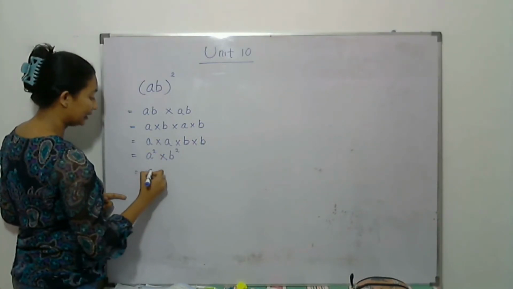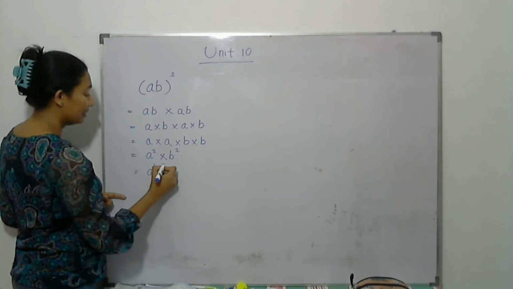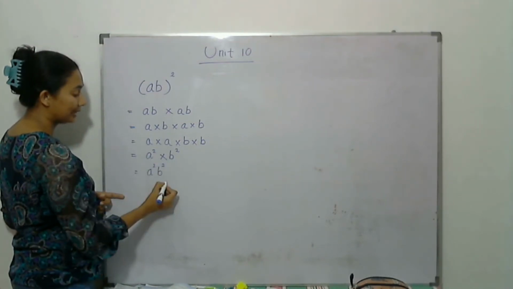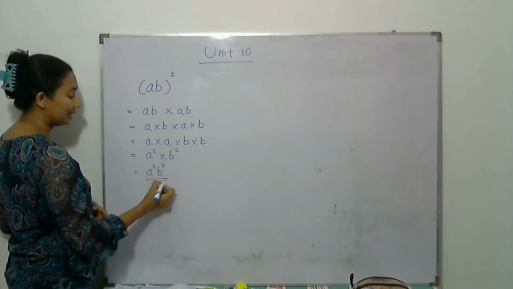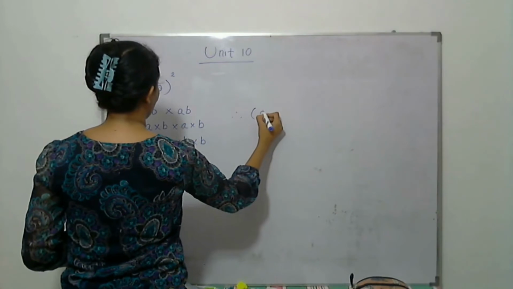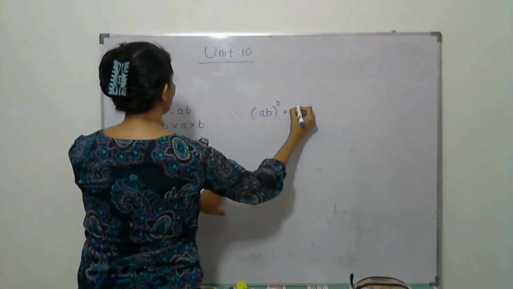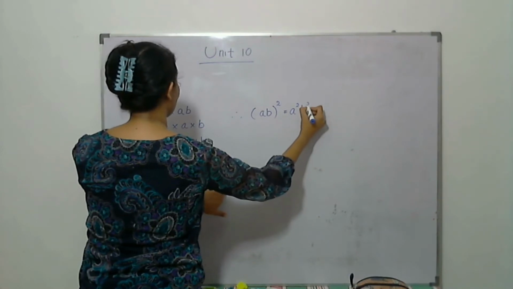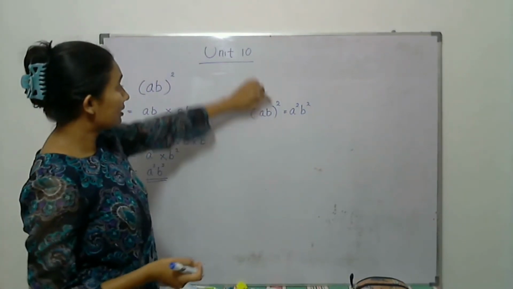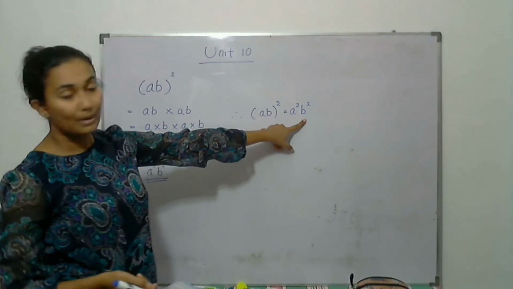And finally we can write, because they are algebraic symbols, we can remove the multiplication and we can just write like this. So, therefore, AB to the power 2 equal A to the power 2, B to the power 2. We have expressed power of a product as a product of powers.